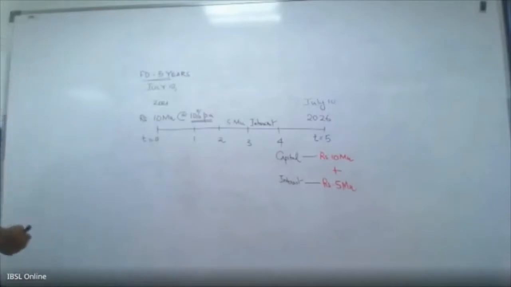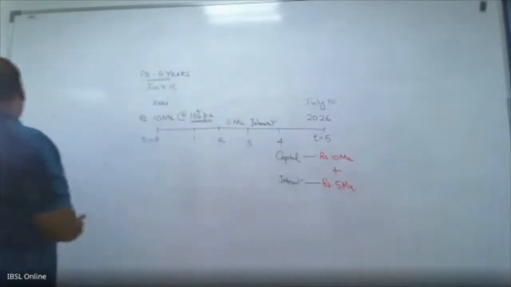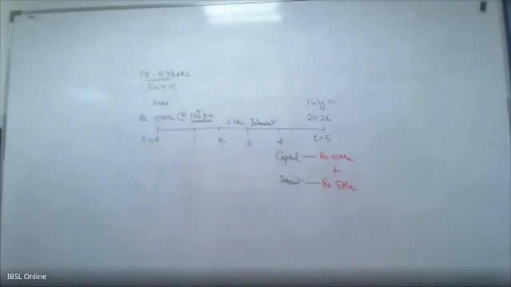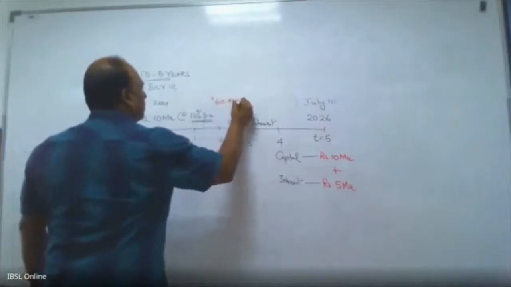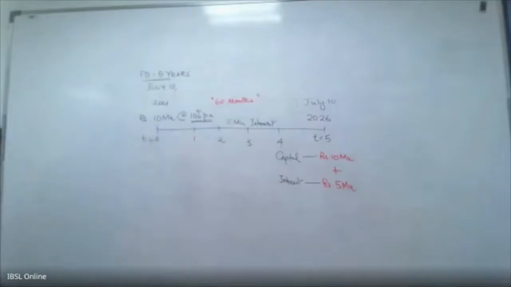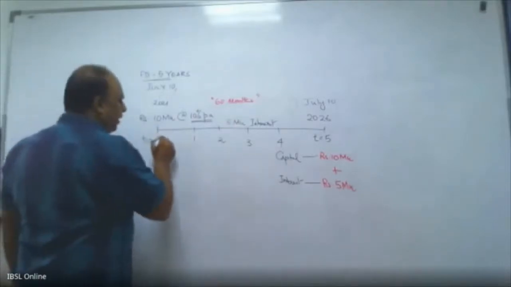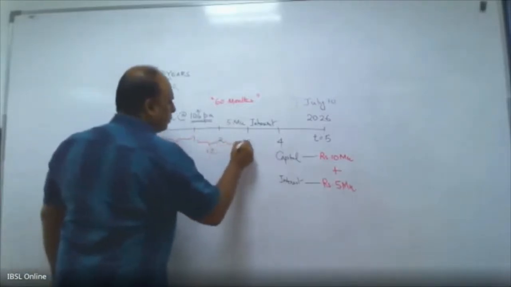Now you are going to tell me, how many months are there in between? During this 5-year period, there will be 60 months. 12 months each, you will have 60 months.